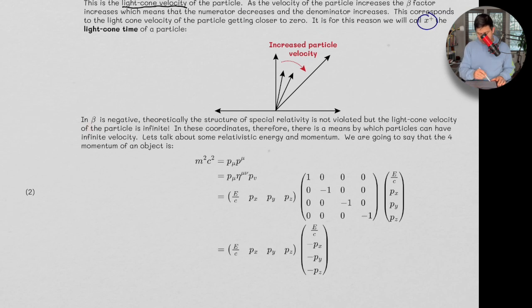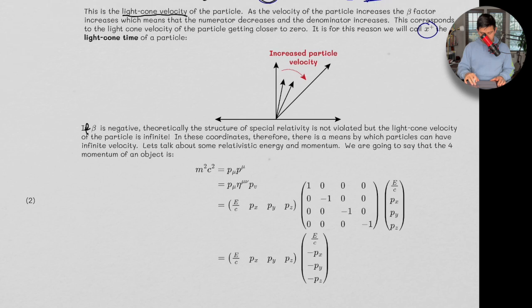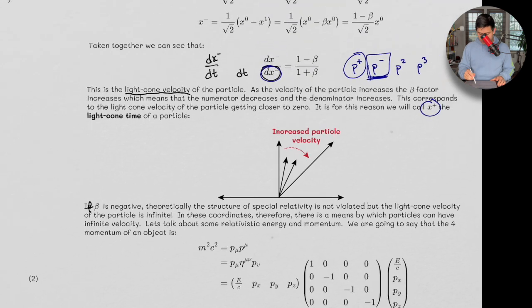So if beta is negative, I make some of these typos sometimes. If beta is negative, theoretically the structure of special relativity is not violated, but the light cone velocity of the particle is infinite. Because if this thing is negative, then our denominator here is going to be 1 plus something, and as it gets more negative, this thing is going to go to infinity, essentially.